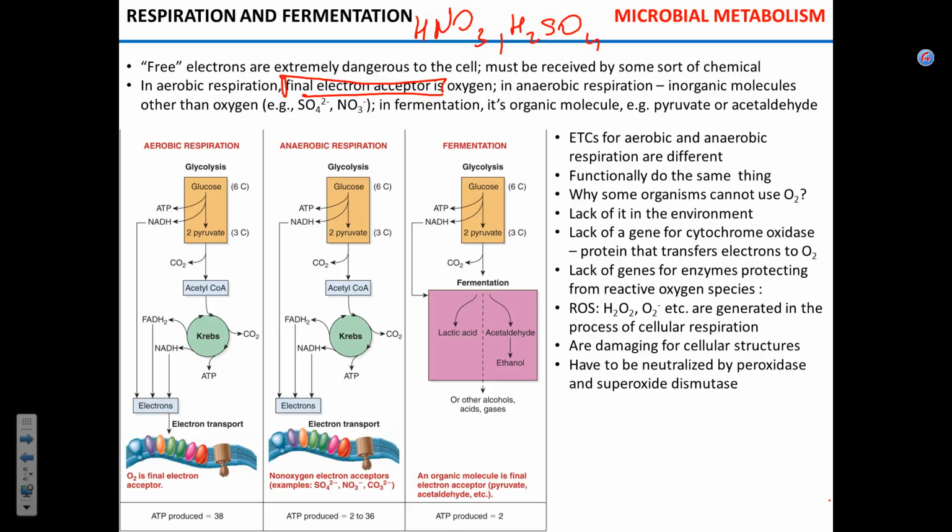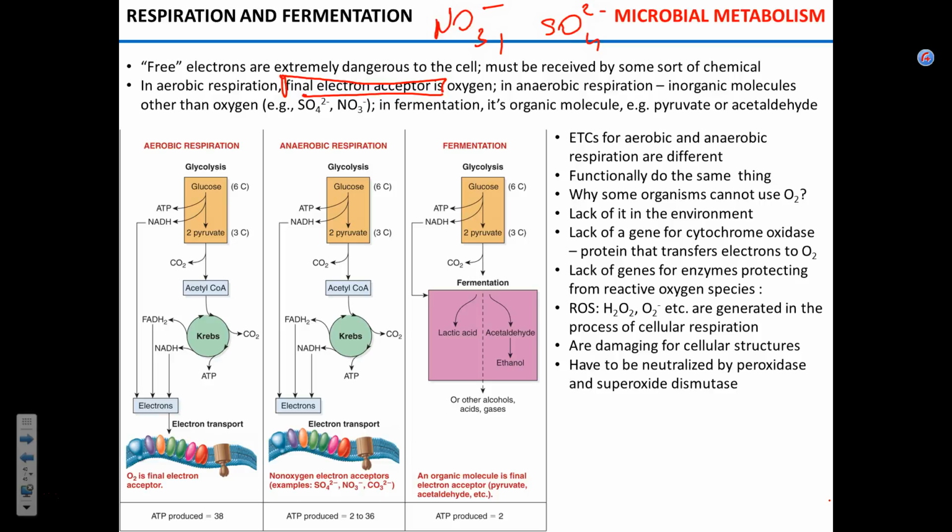Now, can these acids, essentially these anions, accept electrons? Sure, they can. So nitrate and sulfate can serve as final electron acceptors.